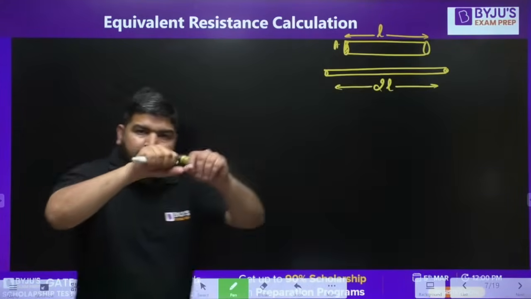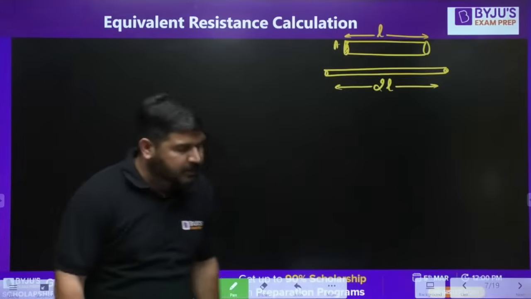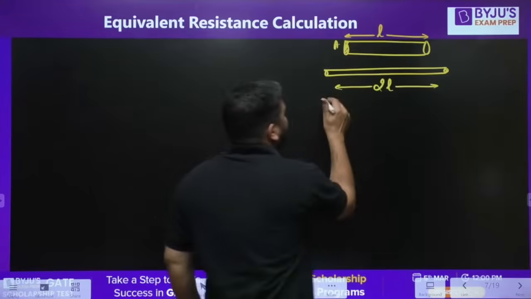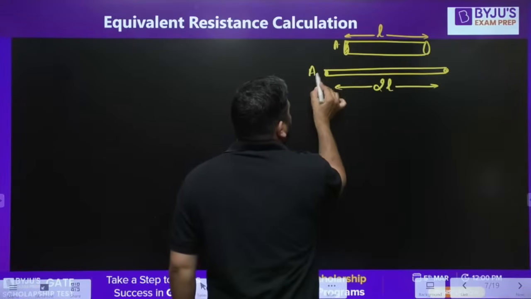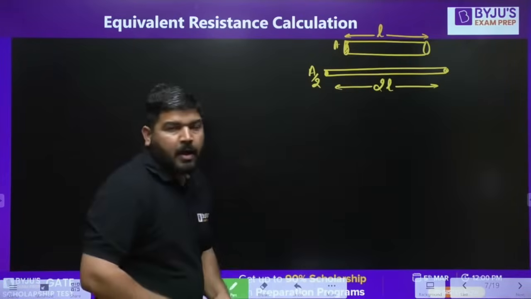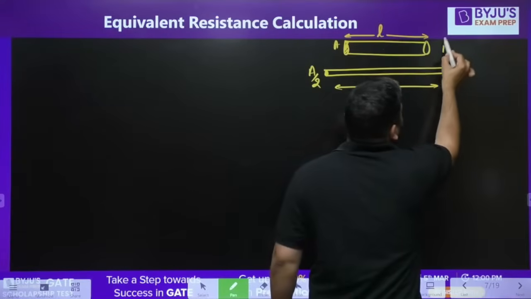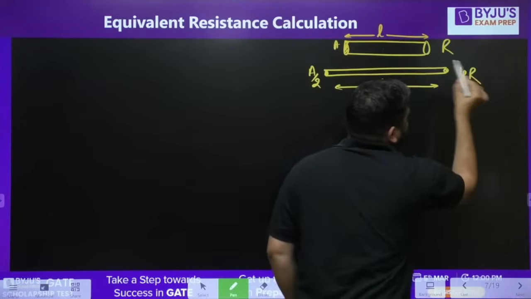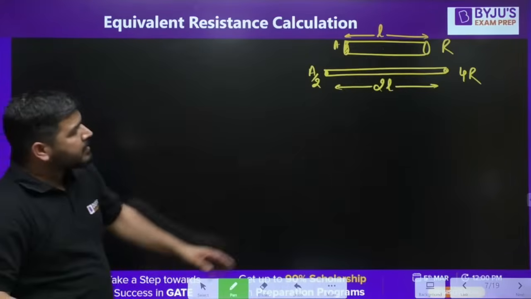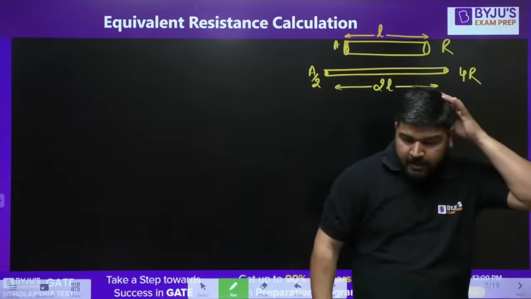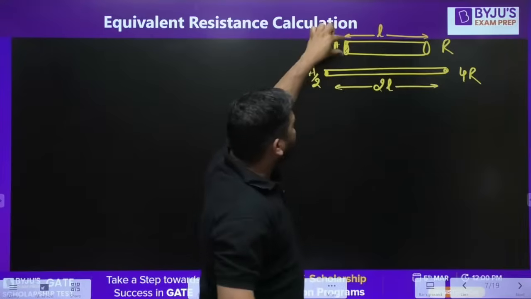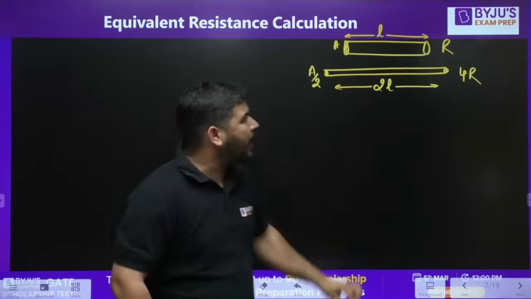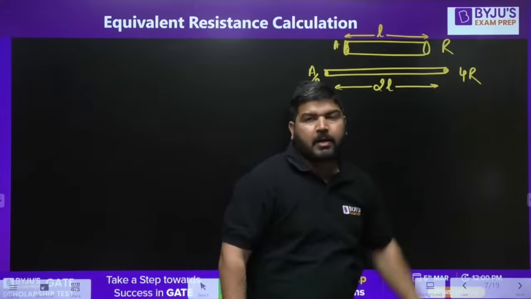Same copper wire, stretched such that the length became 2L. Now the area of cross section will become A by 2. In the first case, let's say the resistance is R, then in this case the resistance will be 4R. It means if the wire is thinner, if the cross section is reduced, the resistance will be large.